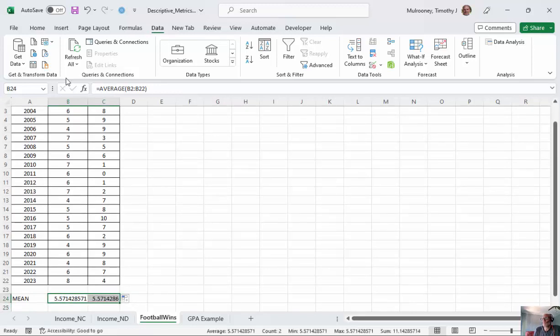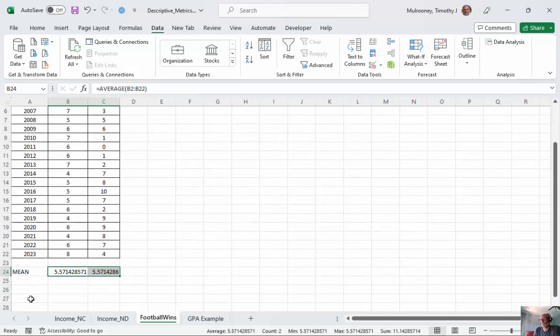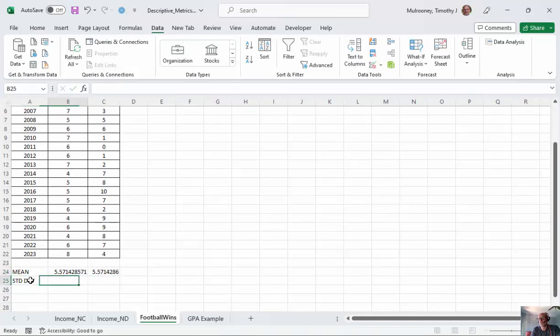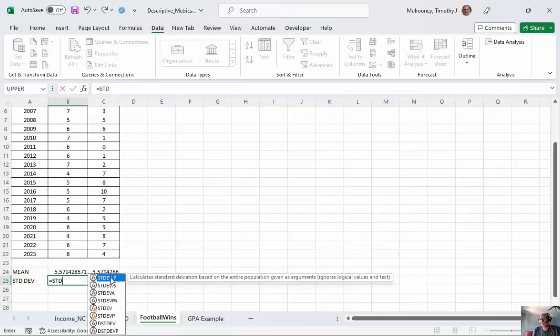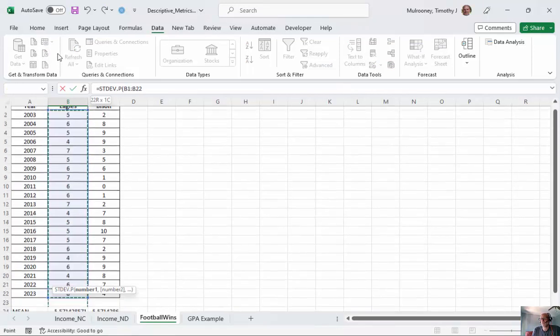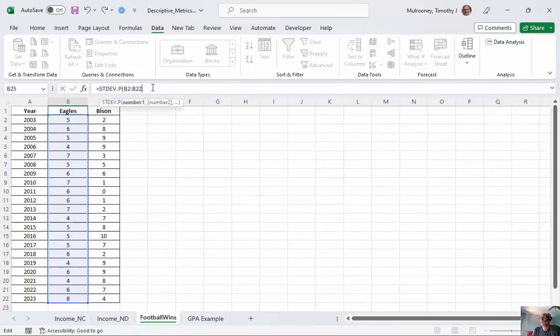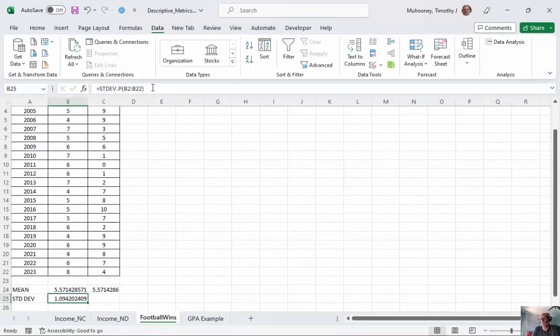And you can see the Eagles in column B and the Bison in column C have the same average number of wins each year. But if I look at the standard deviation, equals ST deviation, for these 20 numbers, standard deviation is 1.09 versus 3.17.